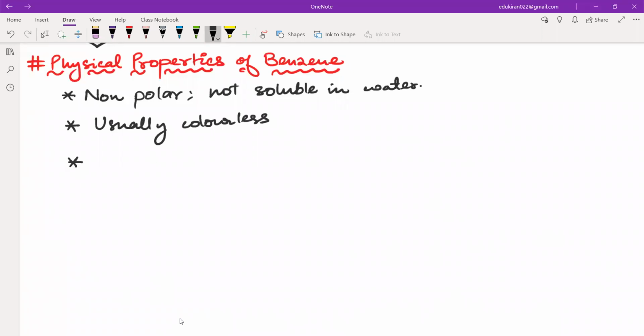You can't say it is pleasant. For some people it is pleasant, for some people it is not pleasant. So characteristic aroma, that means you can identify aromatic compounds just by smelling.